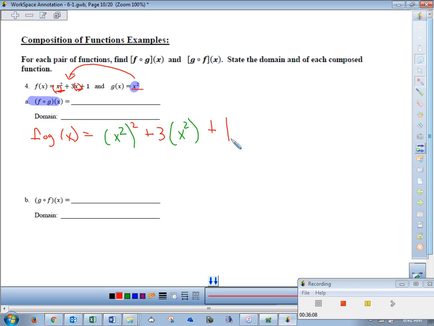Okie dokie. Cleanup time. What's x squared squared? X to the fourth plus, this would just be 3x squared plus 1. And there are no like terms, so x to the fourth plus 3x squared plus 1. Does this have any problems with his domain, or do all reals work?